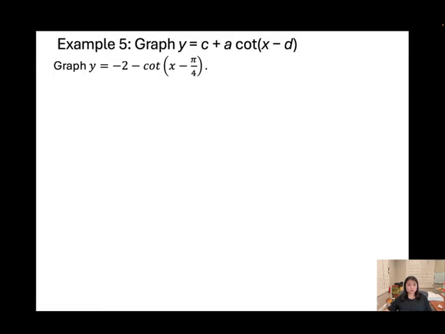Okay, example 5. y equals -2 minus cotangent of x minus pi over 4. First, find out the period. The b will be equal to 1, right? So the period is just equal to pi.